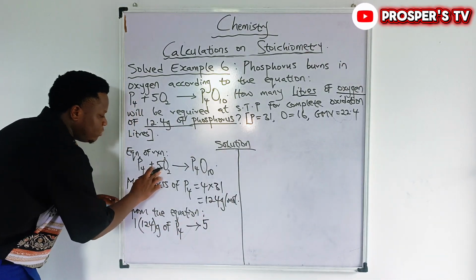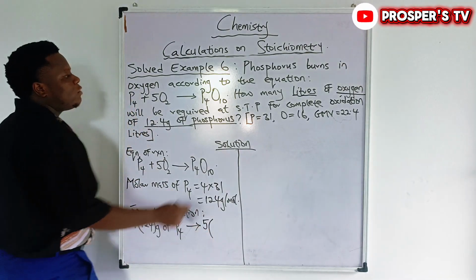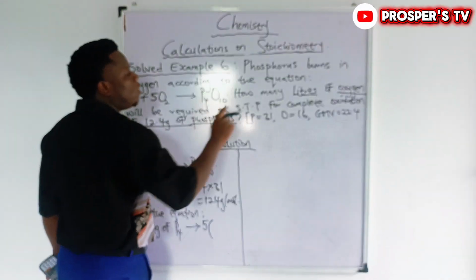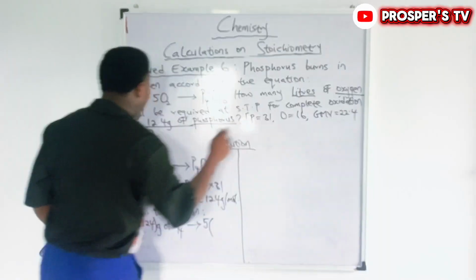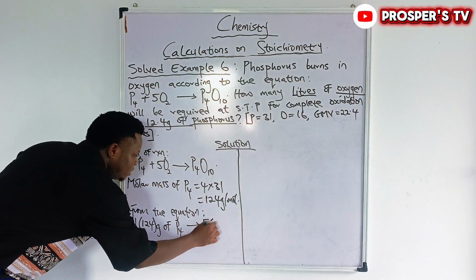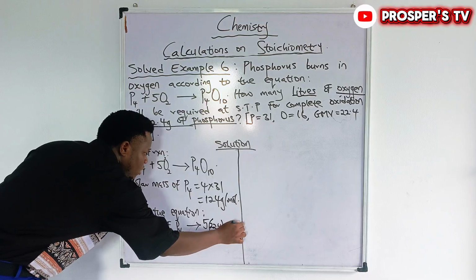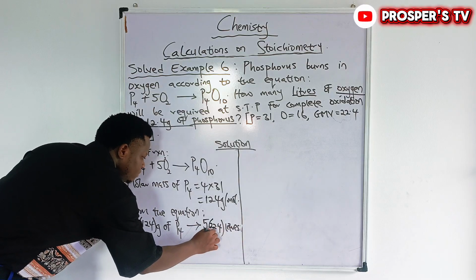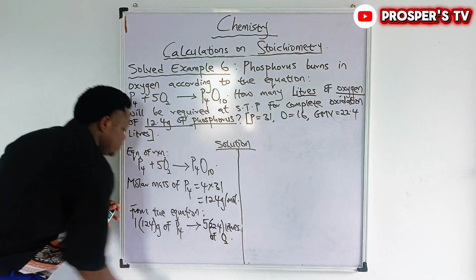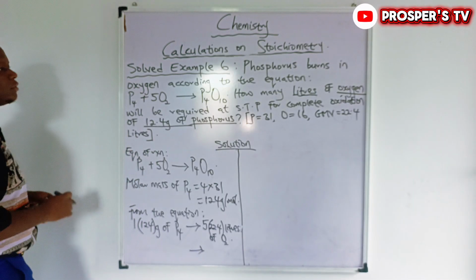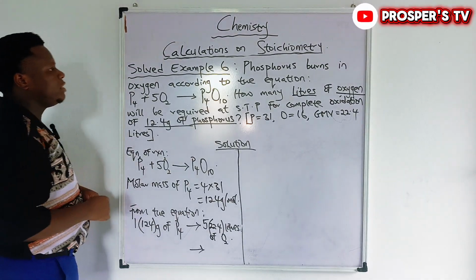The molar coefficient, you must write it, times, remember oxygen is expressed in terms of volume, and the volume for 1 mole of oxygen is 22.4 liters. So 5 times 22.4 liters of oxygen. So your next step always is to draw a second arrow where you put your unknown variable.